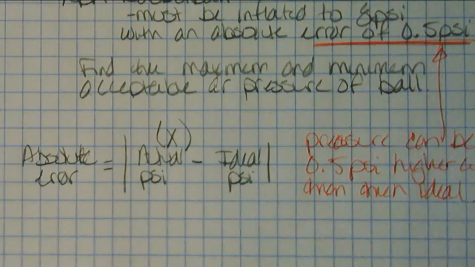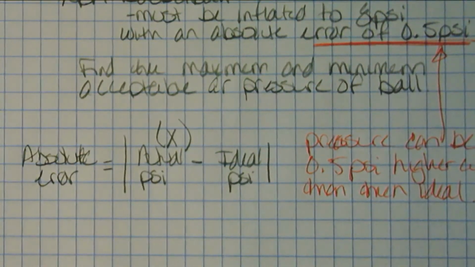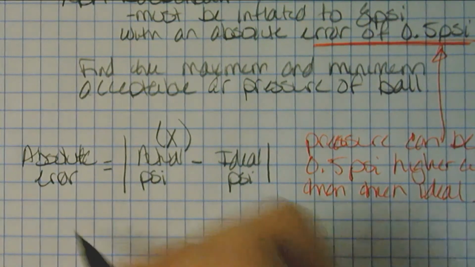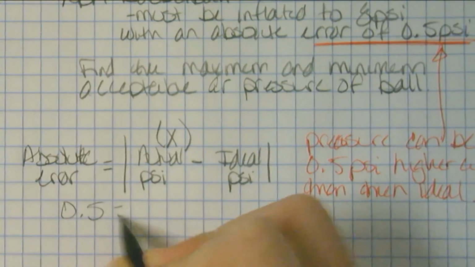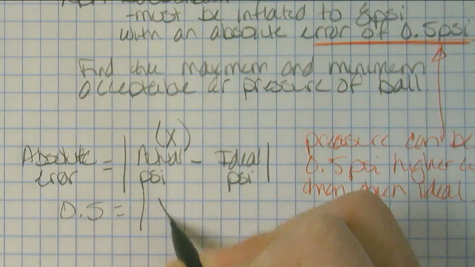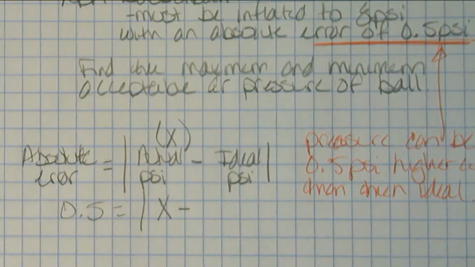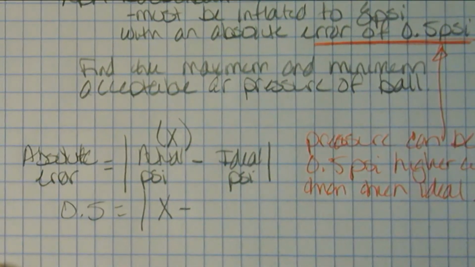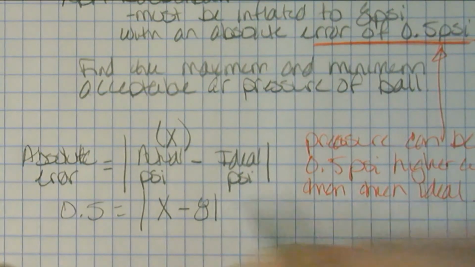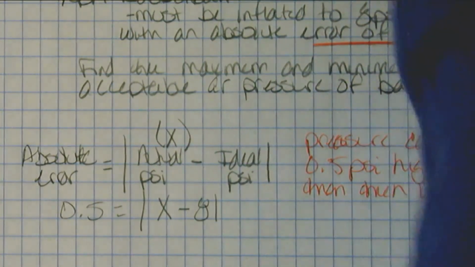I'm just going to substitute in. What is my absolute error here? Rita? So there's my 0.5 is equal to the absolute value of my actual minus my ideal, 8. All of you solve that, please.